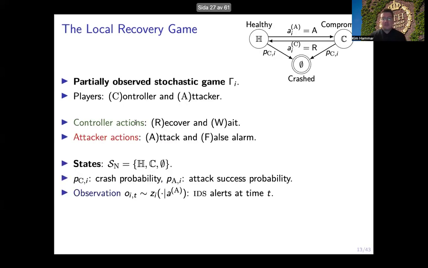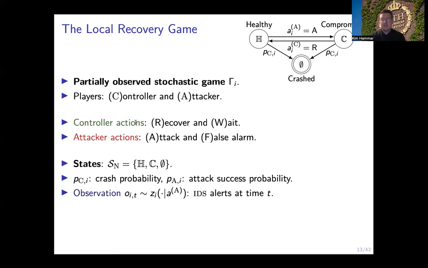The node can be in three different states. It can be healthy, it can be compromised, or it can be crashed. This state, however, is not measurable to the controller, which can only measure some noisy observation of the state, for example, some alerts or log files.